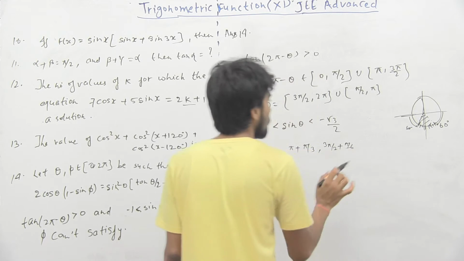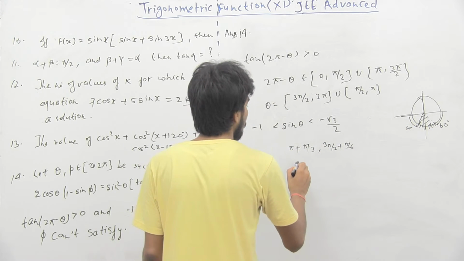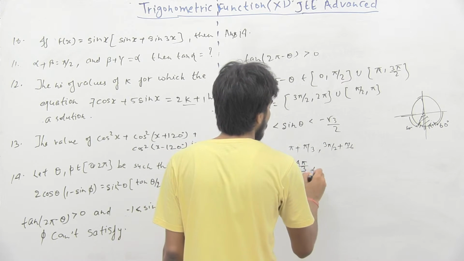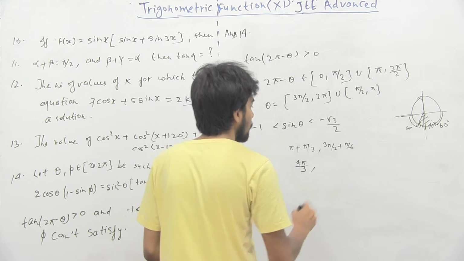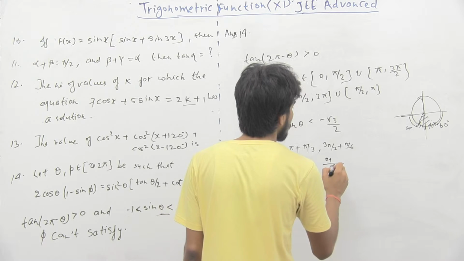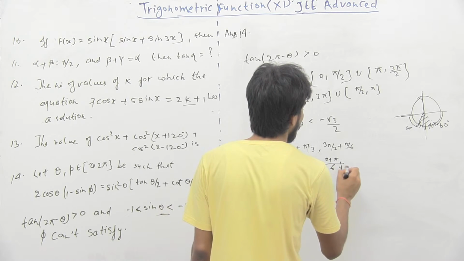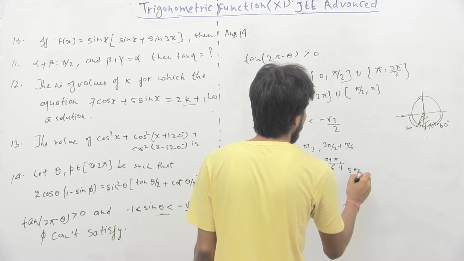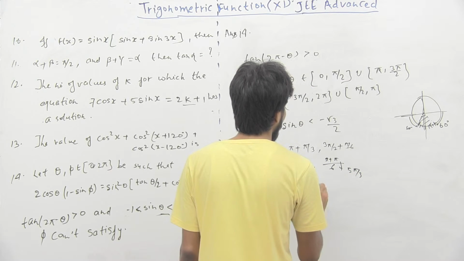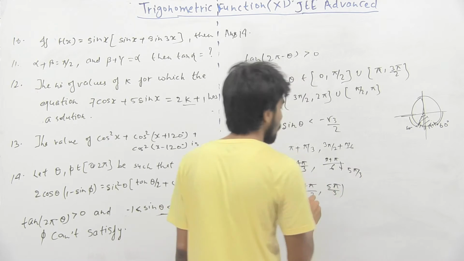Here it will be π/6 because this is 30 degrees. 4π/3, and taking 6 common, it will give 9 plus π, means 5π/3. 4π/3 to 5π/3, okay.